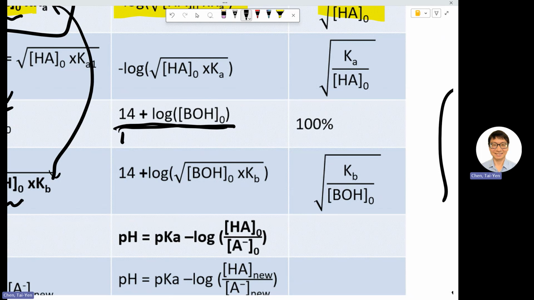So what this actually means is 14 minus the negative log of your BOH, where this is your pOH. So it's 14 minus your pOH that gives you the pH. Any other questions? Okay, so that's all the 4 equations we learned today. We're going to do some practice now.